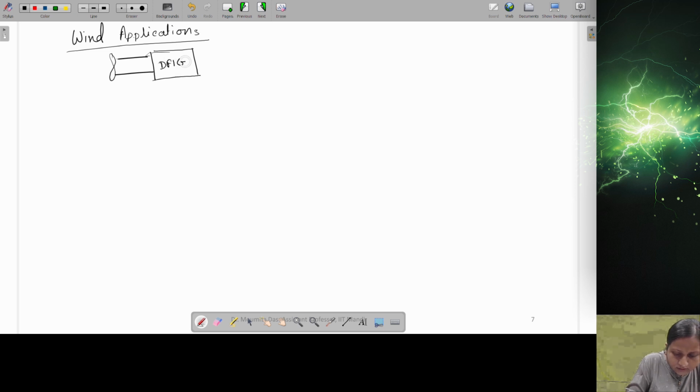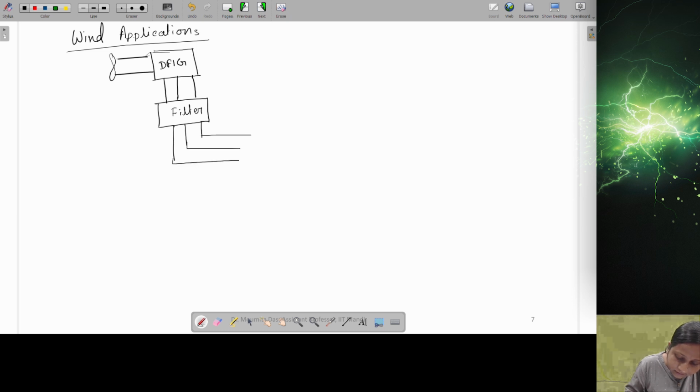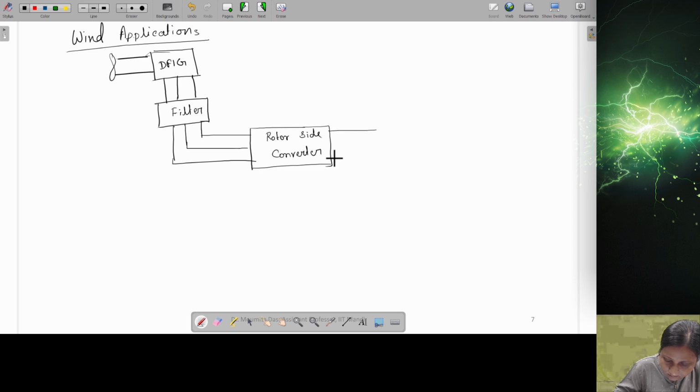This is not the part we are interested in, but the part that comes after the DFIG: the input filter, and then the converter part, the rotor side converter and the grid side converter.